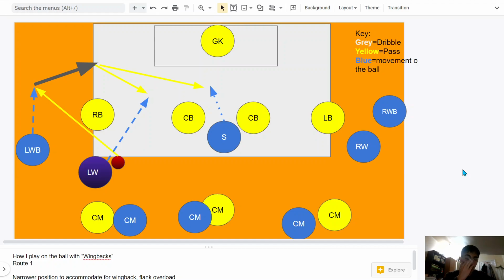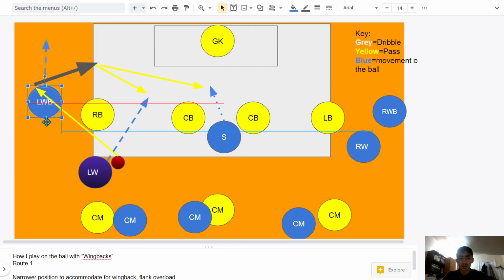Sorry, I used the wrong terms. A fullback is the wide defender, in other words. The wing back is the hybrid between the wide defender and the wide attacker, and the winger is the wide attacker, right?